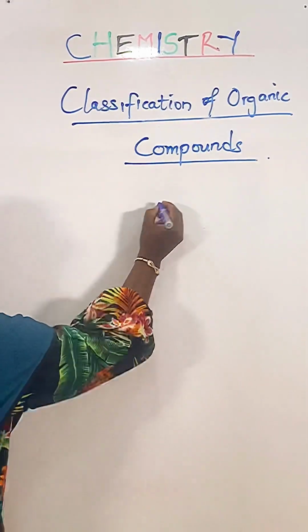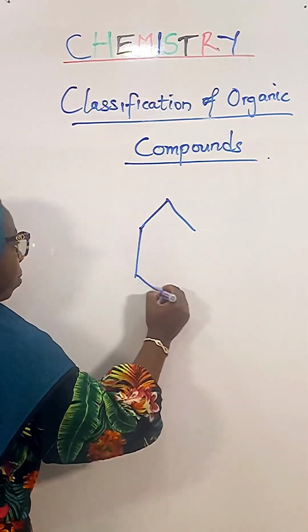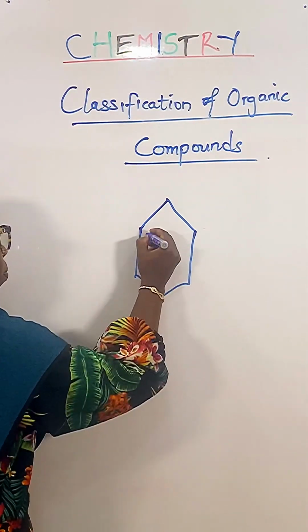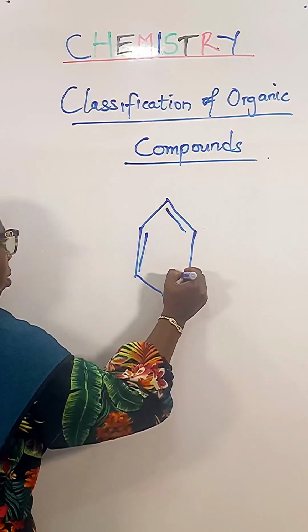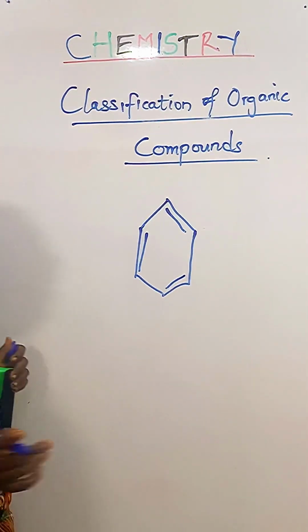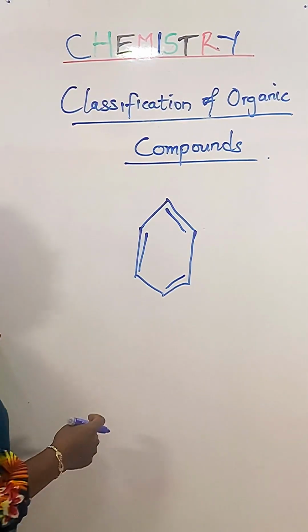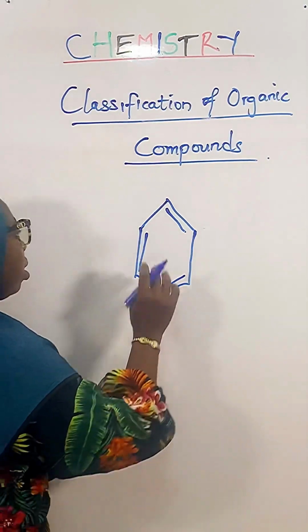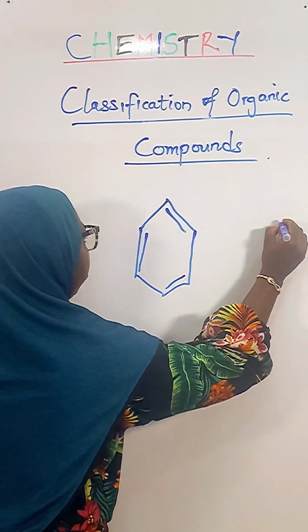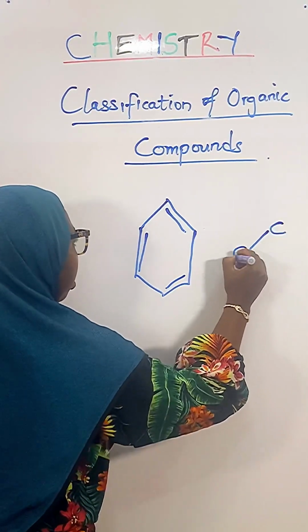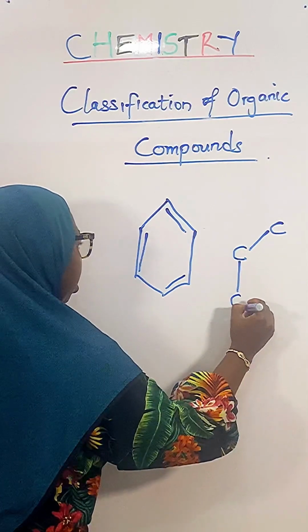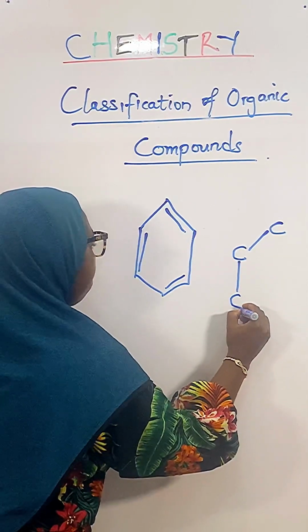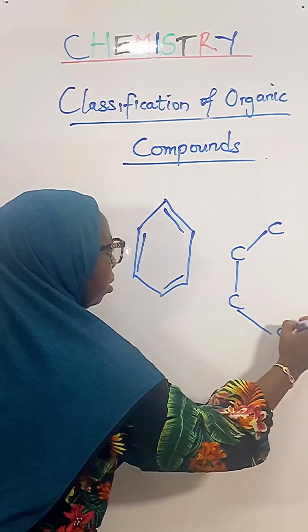Benzene looks like this. Don't worry, I understand. You'll be wondering what it is that I drew on the board. Let me draw it skeletally for you. It's like this, like this, like this.